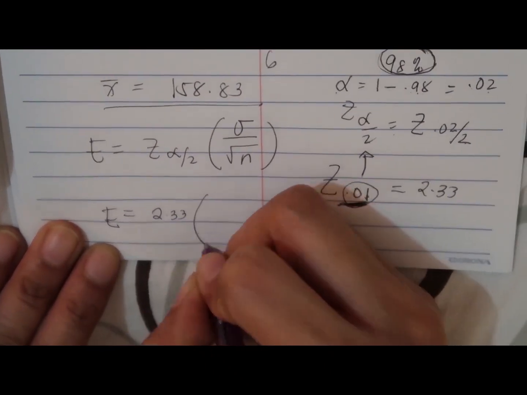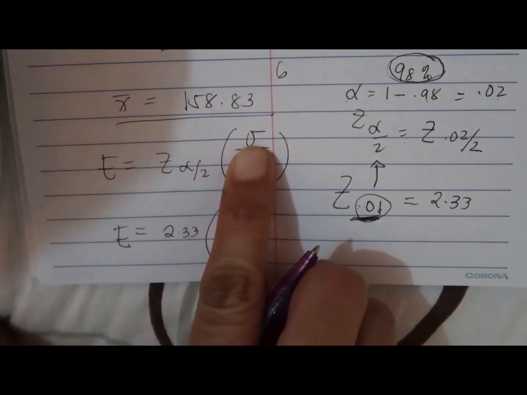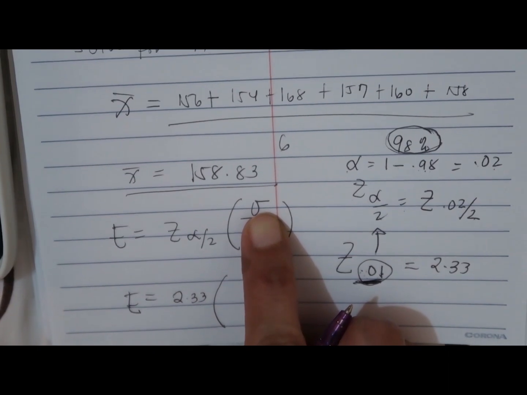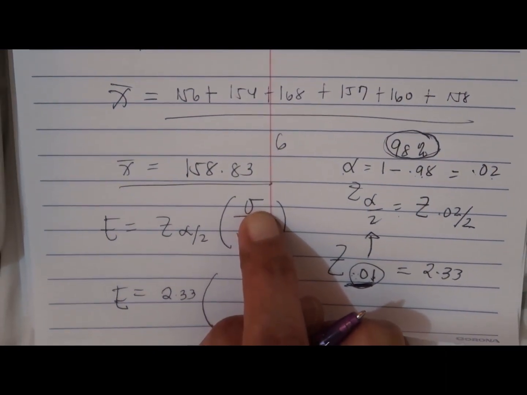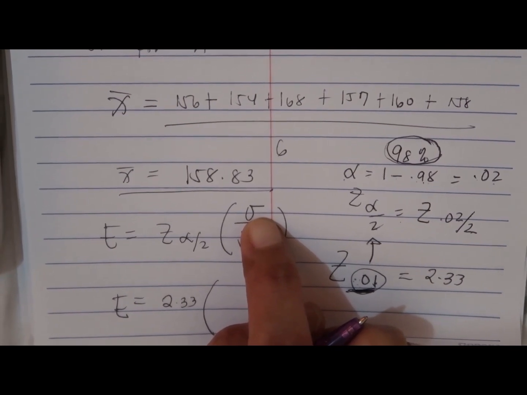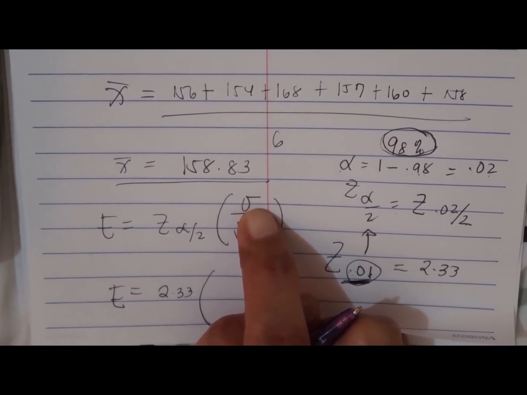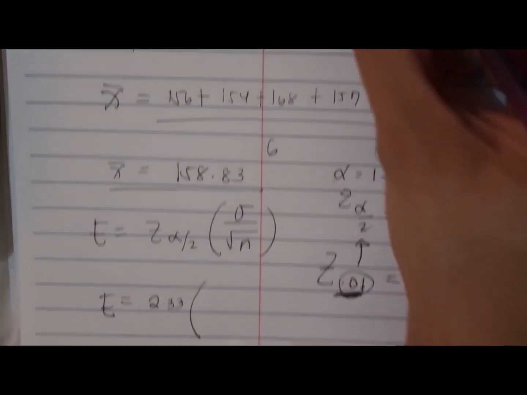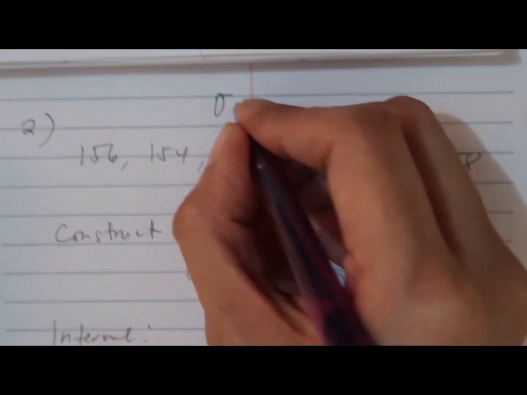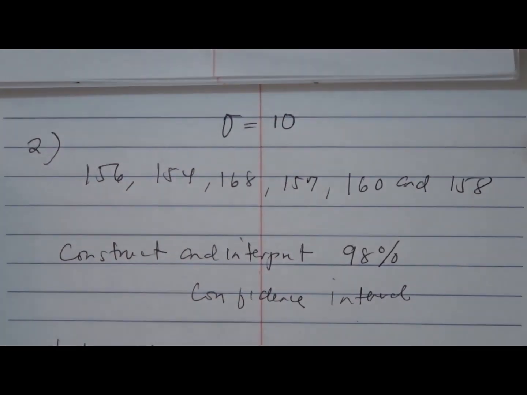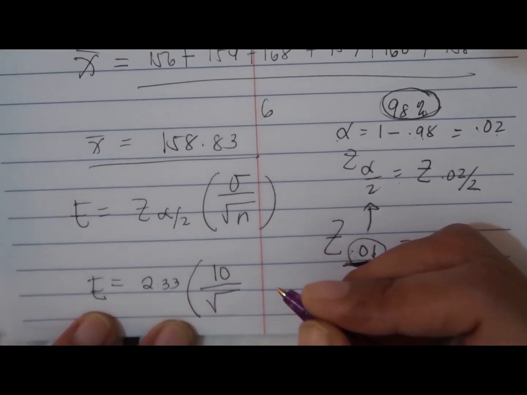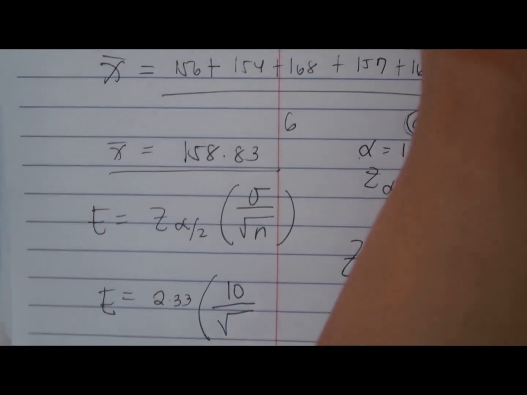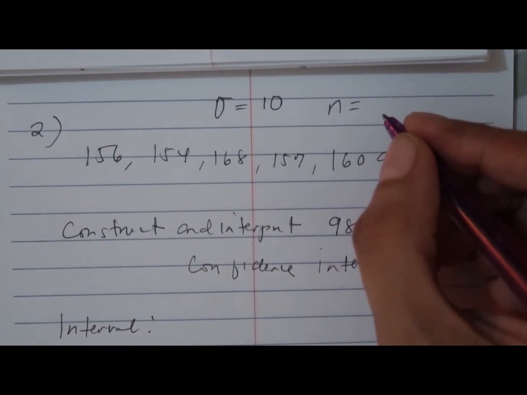So, 2.33 multiplied by the standard deviation. What is the standard deviation according to the problem? The standard deviation is 10. Okay, so we have 10 divided by the square root of n, where n is the sample size.